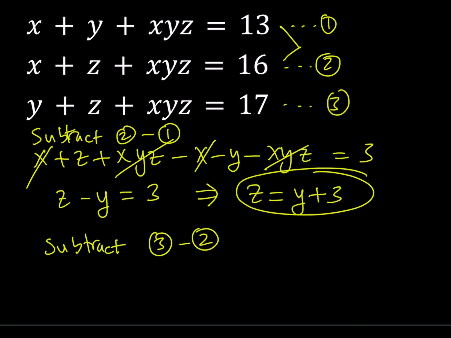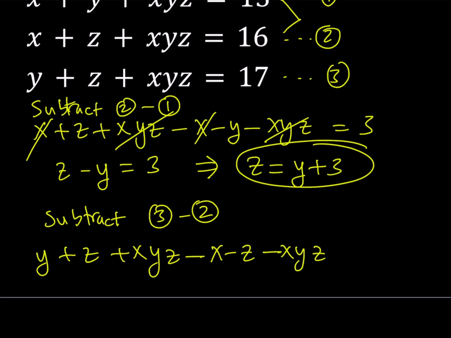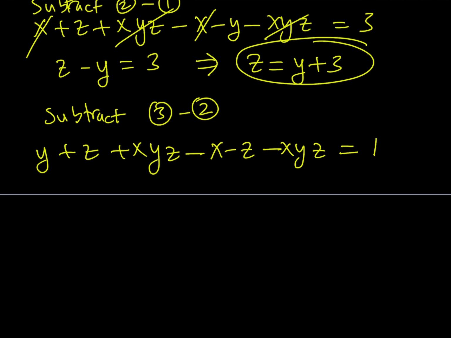Now the third equation is y plus z plus xyz. If I subtract the second, negating everything, I get 17 minus 16, which is equal to 1. Great. Similarly, xyz is going to cancel out, and z is going to cancel out. And I end up with y minus x equals 1.